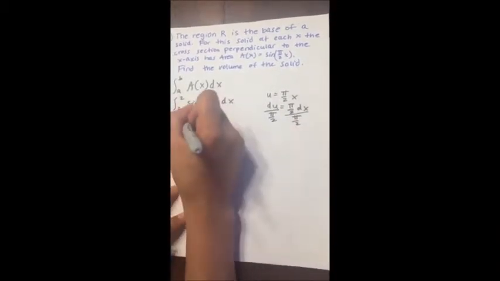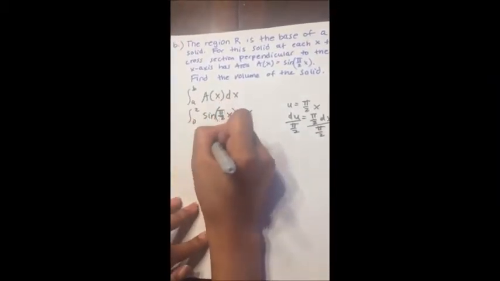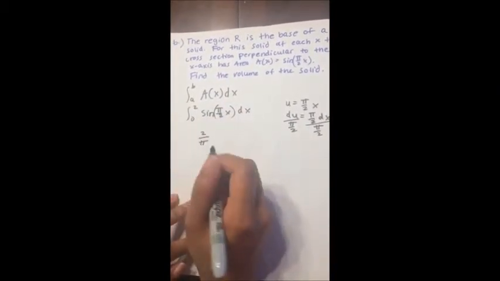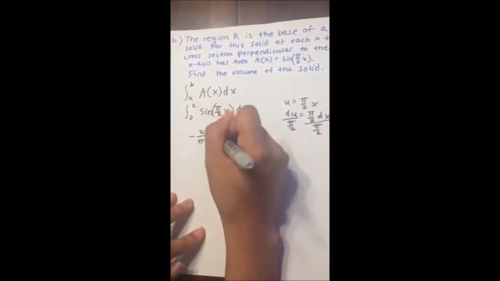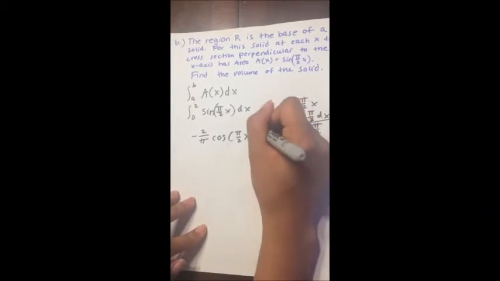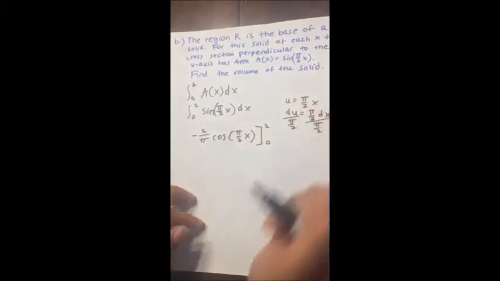So you can bring the 2 over pi to the outside. The integral of sine is negative cosine, so we get 2 over pi times negative cosine of pi over 2 x, from 2 to 0.